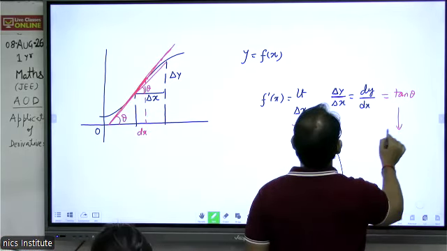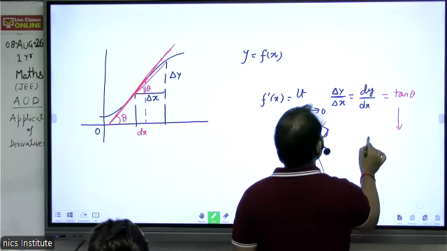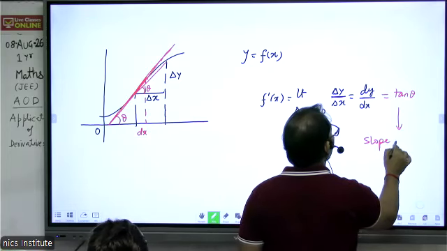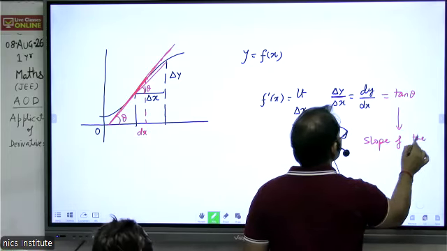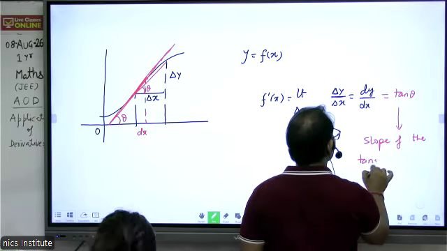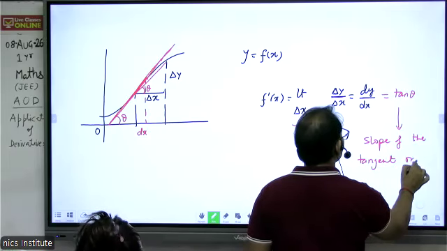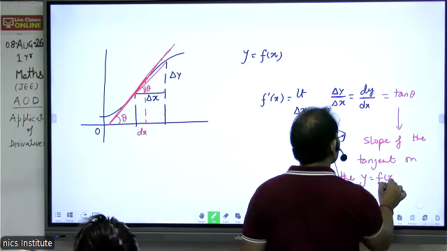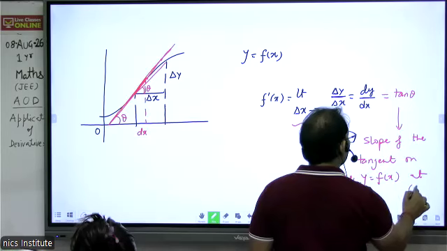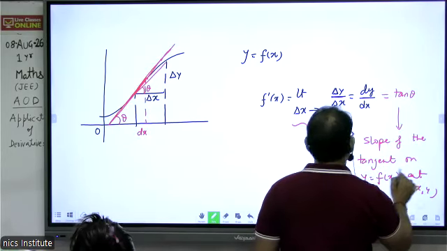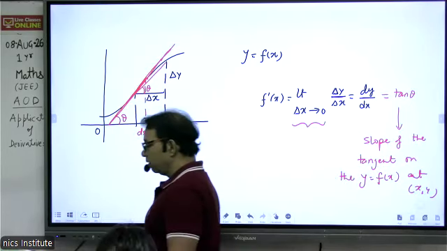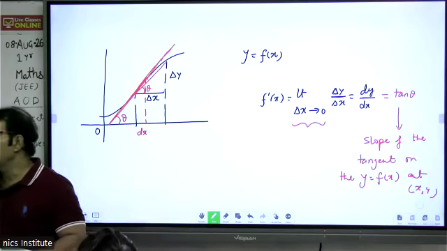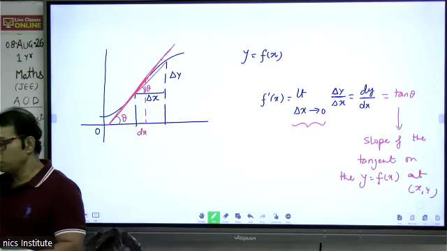When you differentiate something, it gives you the slope of the tangent on the curve y is equal to f of x at x comma y. So that is the physical significance of derivative, which is going to be used in the entire application of derivatives.